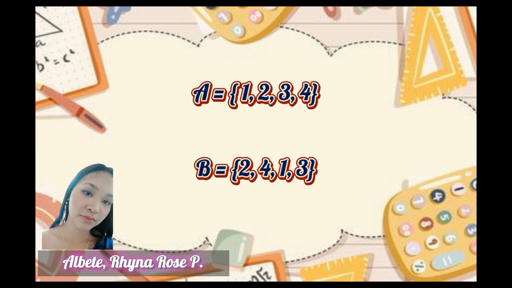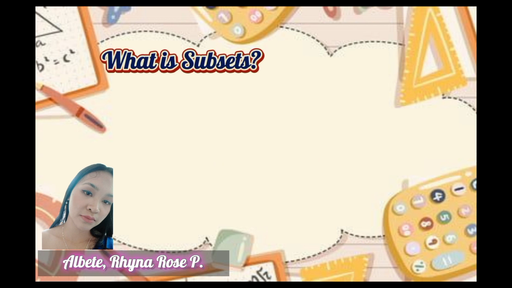Another factor to consider while analyzing set equality is that two equal sets also have the same set size, equal cardinality. Hence, as long as the two sets have the same elements and equal cardinality, they will be classified as equal sets.